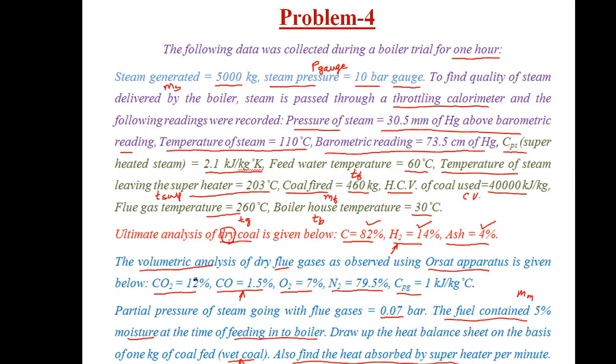You can see here: draw heat balance sheet on the basis of 1 kg of coal fed, and that is written here as wet coal, whereas the higher calorific value of coal used is 40,000 kilojoules. Here the ultimate analysis of dry coal is given. So this analysis is based on dry coal, whereas the fuel burned is wet coal.